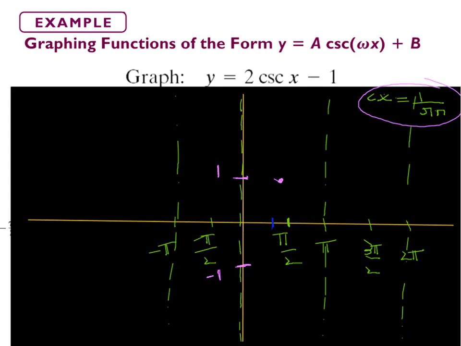So yes, when the sine is pi over 2, that's the minimum value of the cosecant because it's the maximum of the sine, right? And then we know it goes up on both sides after that. So now where's the maximum of the negative part going to be?